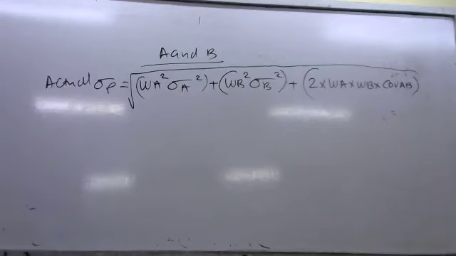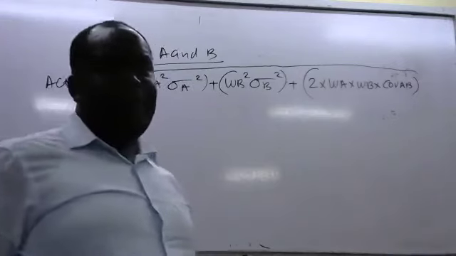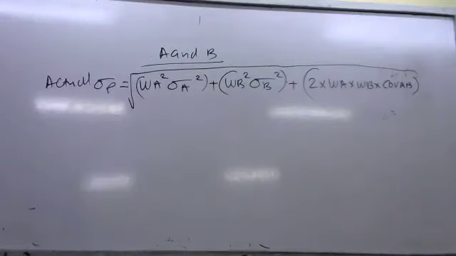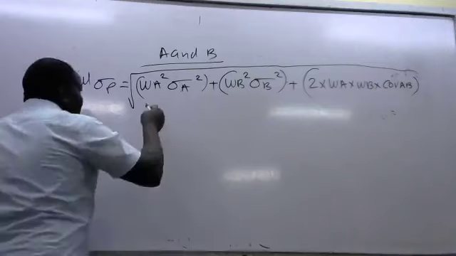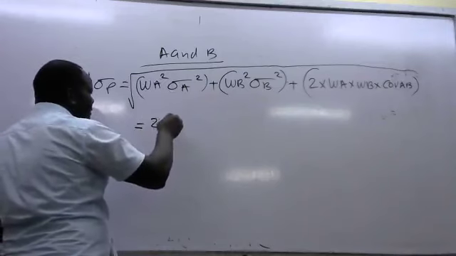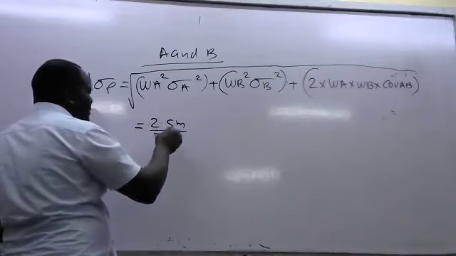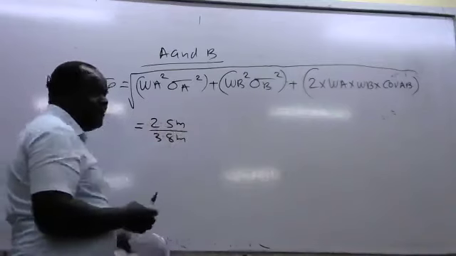So I want us to go back to the Roman letter 1. Do you remember the weight for A in that combination? It was which figure divided by which figure? It was 2.5 divided by 3.7. Yeah, so it is good to use those figures. So the weight for A is 2.5 divided by 3.8.